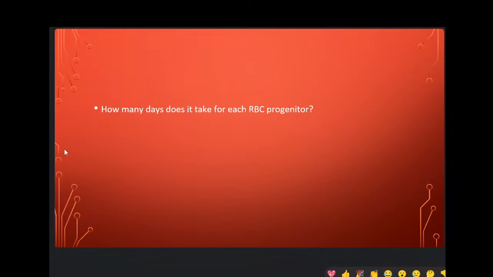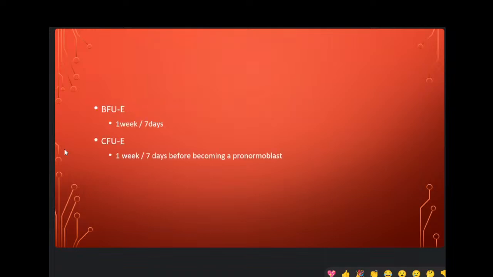Okay, how many days does it take for each RBC progenitor to become, to move on to the next stage of the maturation series? So for BFU-E, huwag kakalimutan, 1 week or 7 days before it becomes CFU-E.